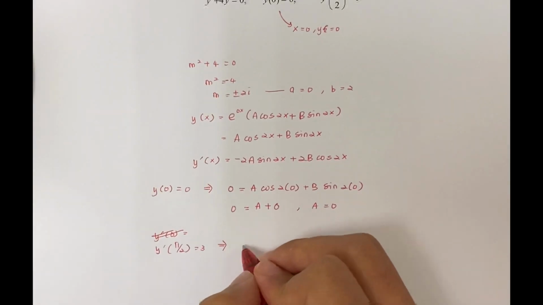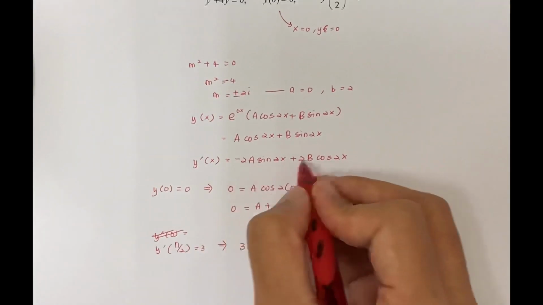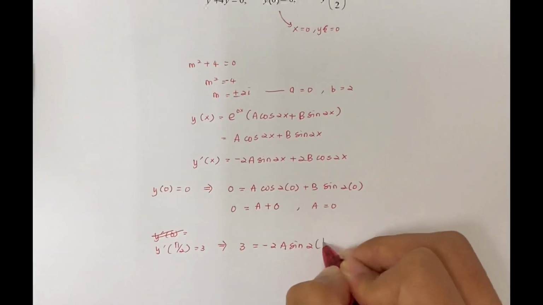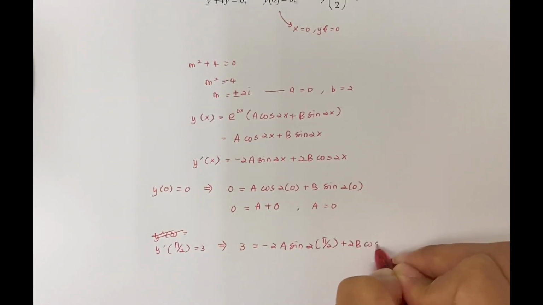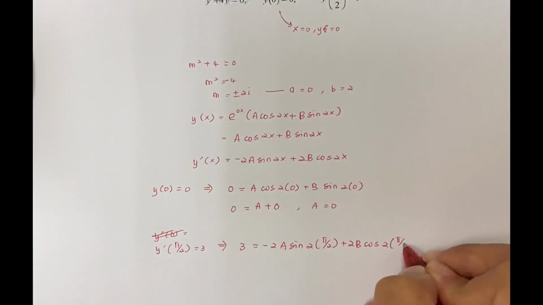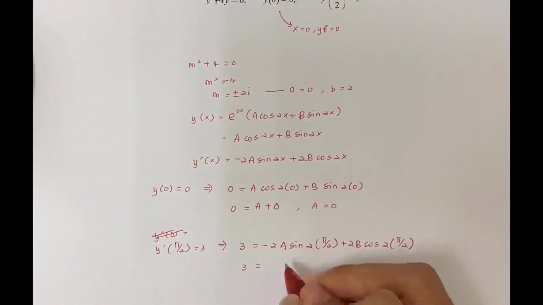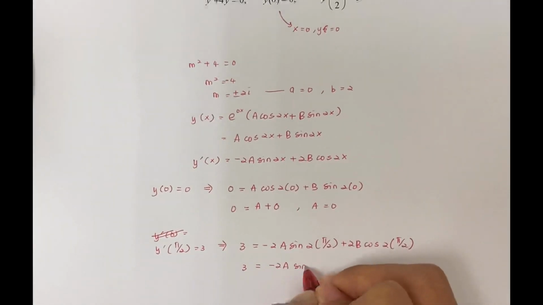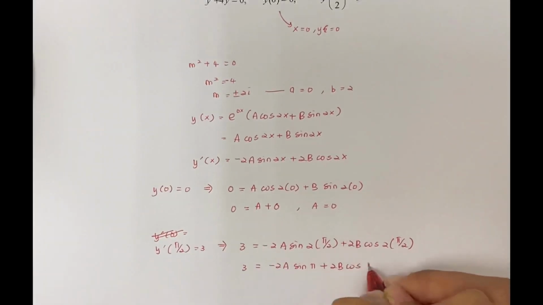So you have 3 equal to this equation: negative 2a sin 2 pi over 2 plus 2b cos 2 pi over 2. So 3 equal to negative 2a sin pi plus 2b cos pi.